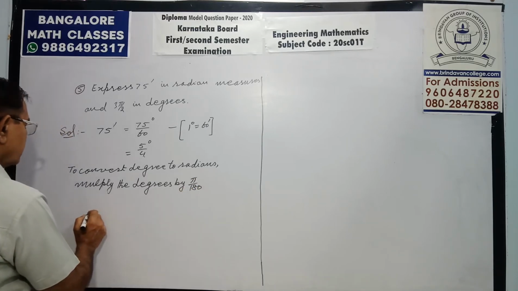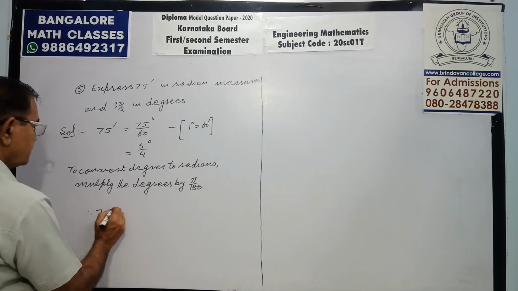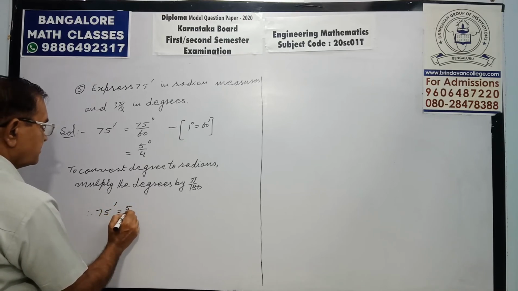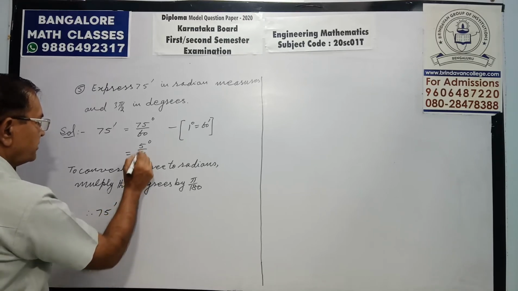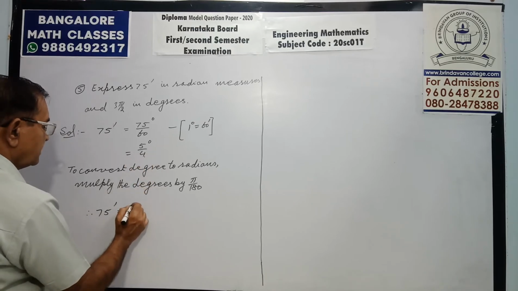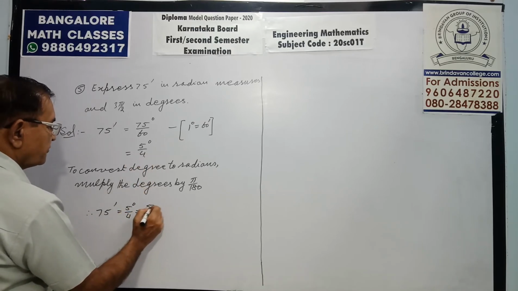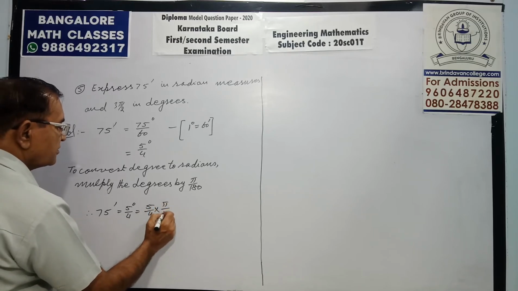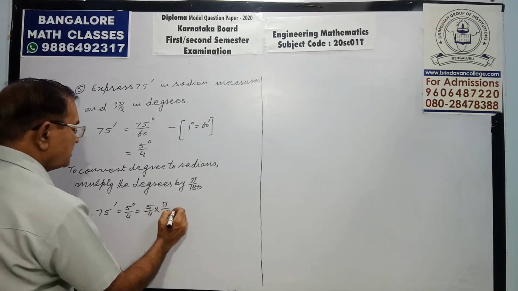So therefore 75 minutes is 5 by 4 in degrees, 5 by 4 into pi by 180 in radians.